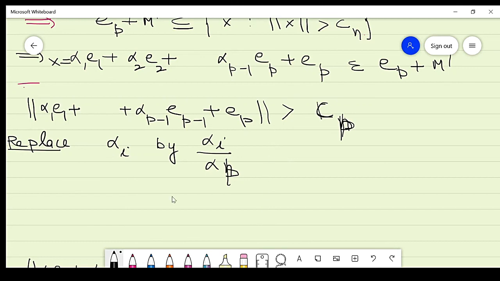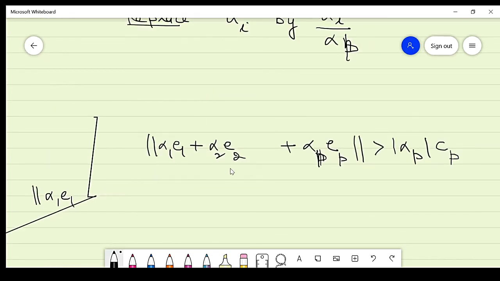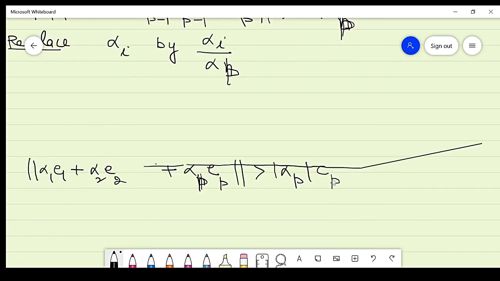Now if we correct this, what do we get? We get norm of alpha 1 E1 plus alpha 2 E2 plus so on, alpha P EP, these values, greater than alpha P absolute value into Cp.